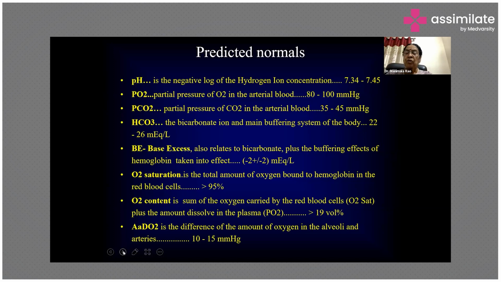Then the alveolar-arterial difference, if it is usually about 10 to 15 and keeps on increasing or decreasing, what is the problem? Will come later.